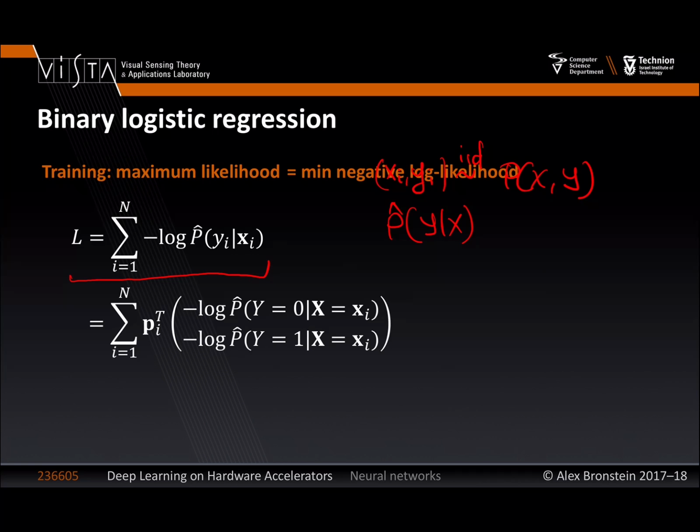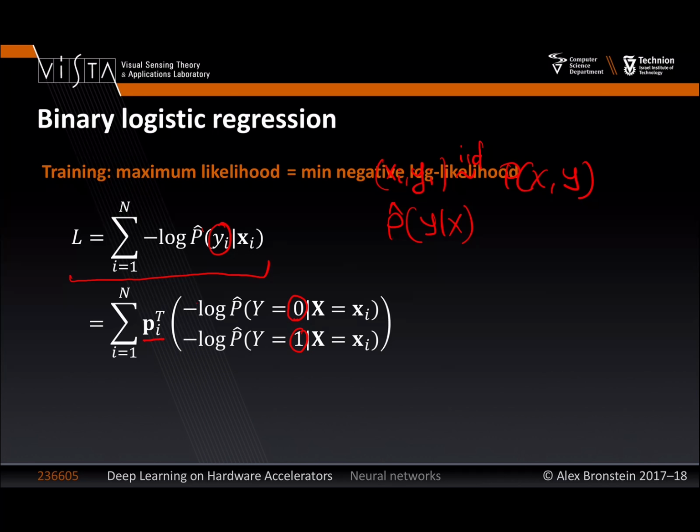And then I can write it in the following form. Pay attention, I'm just using the fact that y can accept only two values, either 0 or 1. So let me write this vector, and I will explain what it is exactly. And then I'm multiplying it by minus log of the hypothesized probability. Okay, I have two possibilities, 0 or 1, in the hypothesized label, and both cases have some probability.